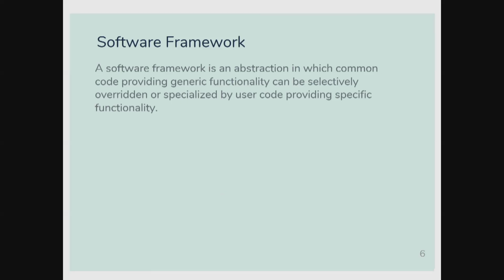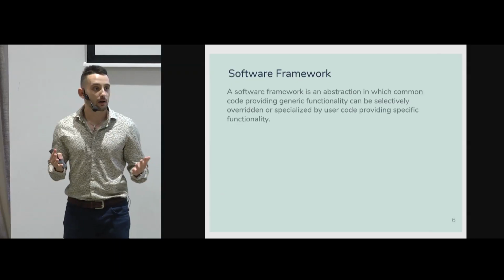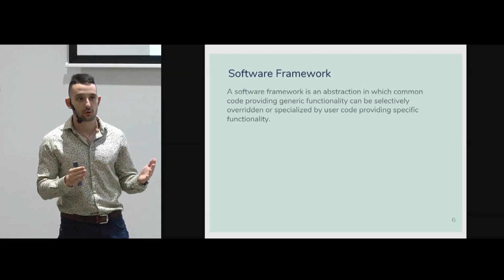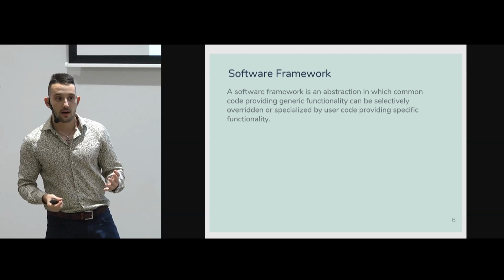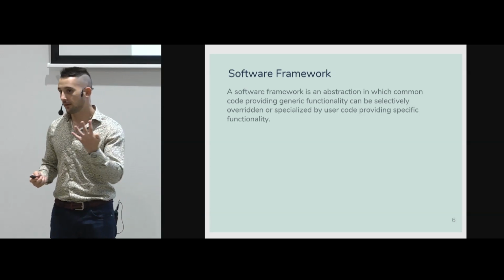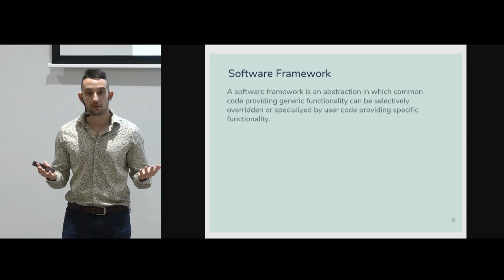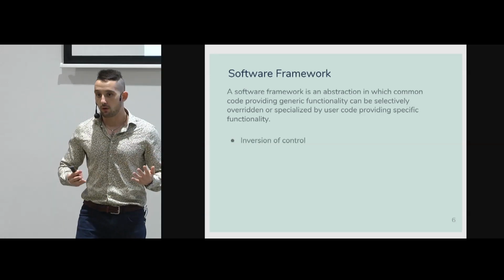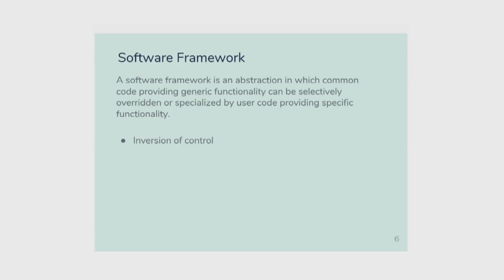Actually, the framework is something more abstract and generic, and usually you can change it and extend its behavior, usually by overriding the methods. However, there are four things that make frameworks different from a library. The first one is inversion of control: in a framework, the overall programming flow is controlled by the framework, not the user.